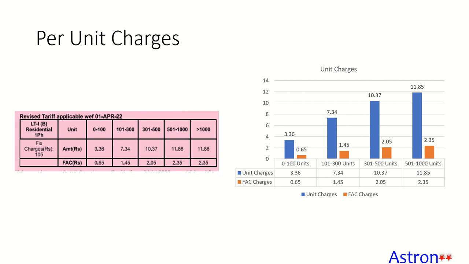So we are getting heavily charged after 100 units, and that is why our electricity bill shoots up once we cross the 100 units. One key element here is to try to avoid electricity usage after the 100 units, as that will save us more money.